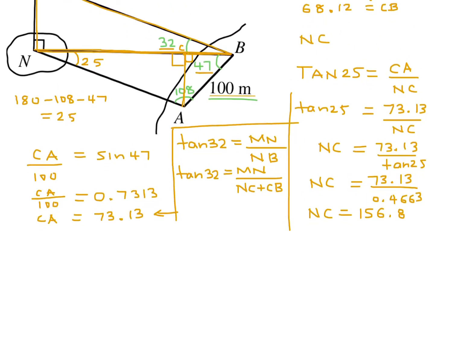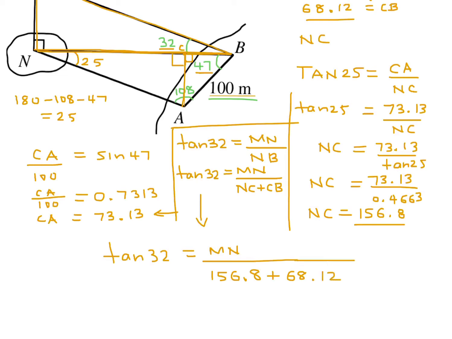And yeah, we have all of these. Great. So bring this down: tan of 32, MN, NC is right here, 156.8, and CB we figured out up there, 68.12. And therefore we can solve for MN.